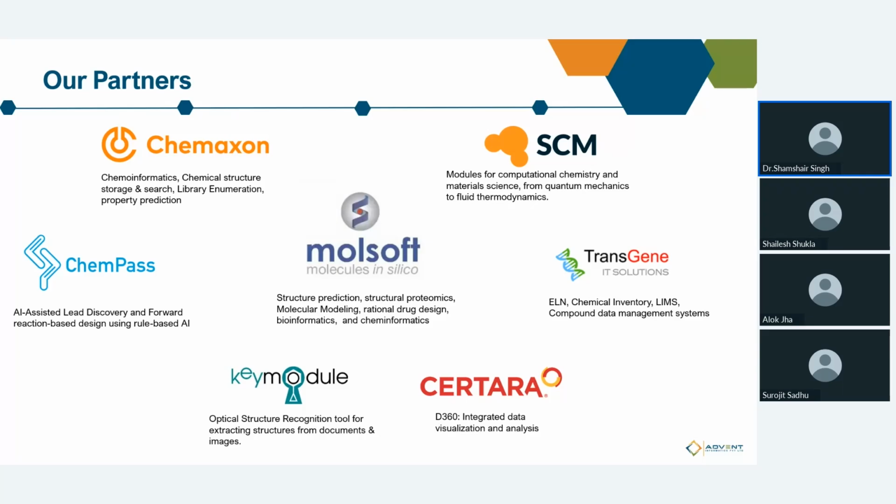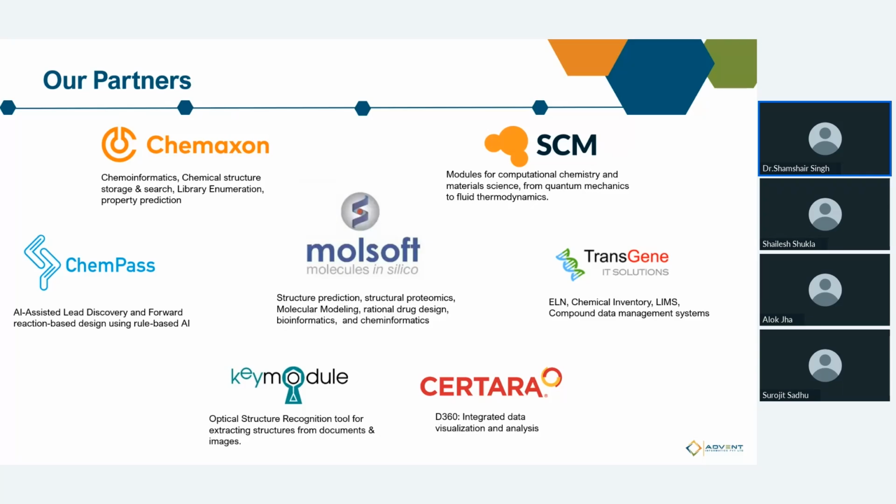We also have ChemPass, which is an AI-assisted forward reaction tool based on a rule-based AI. We also have Key Module, where if you have lots of data in documents, you can convert those uneditable structures to an editable format. We also have Setara, which is useful for data visualization and more.